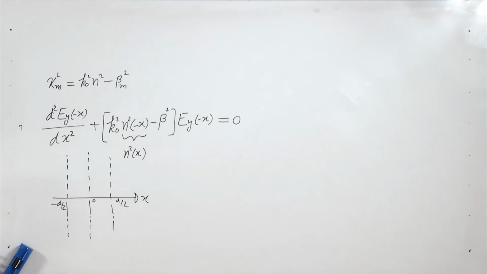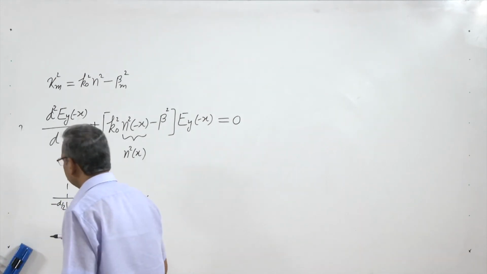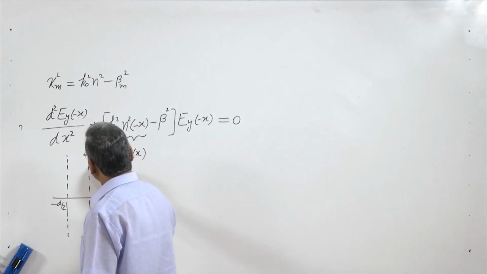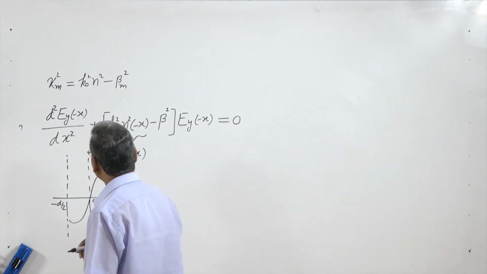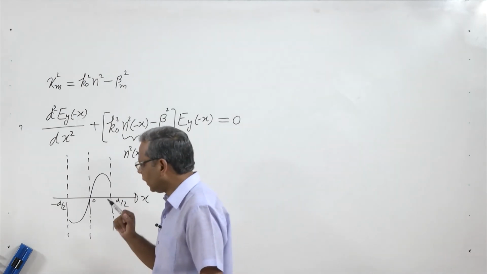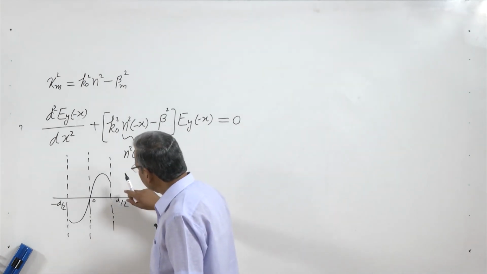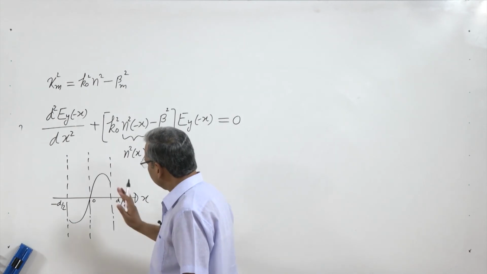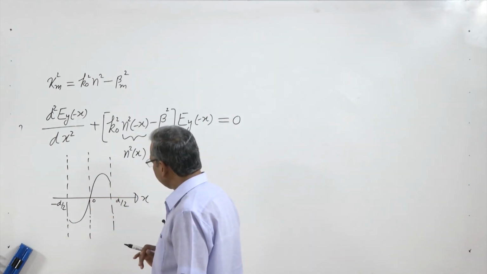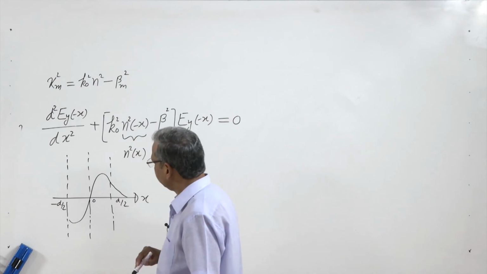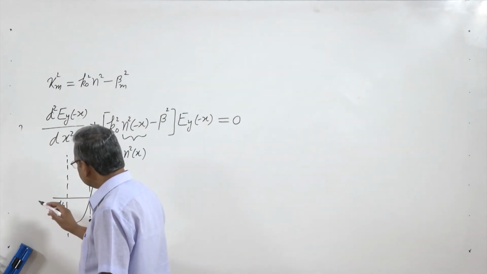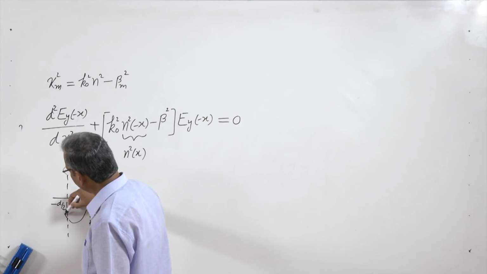Now, if you plot a sine function in the region mod x less than d by 2, it goes something like this, and now in the outer region, for positive x values, for x greater than d by 2, you will approach from here and then it decays down, while for x less than minus d by 2 you will approach from the negative side.